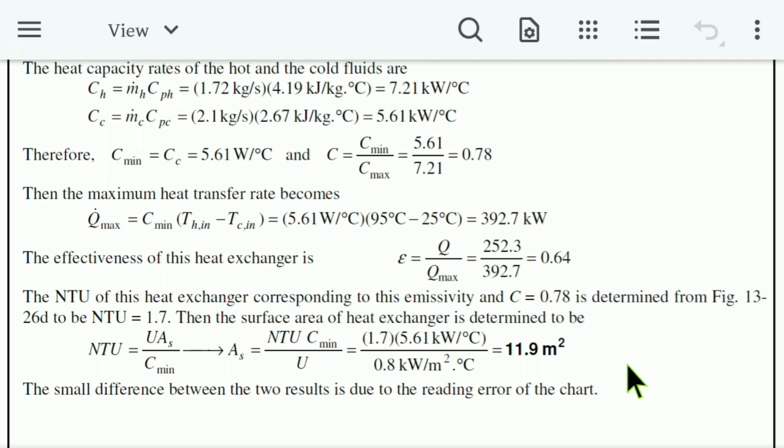So the value of As or surface area is 11.9 meter square. The small difference between the two results is due to the reading error of the chart. So the two methods, first one is the LMTD method and the next one is the effectiveness NTU method. So this is the solution of this problem.